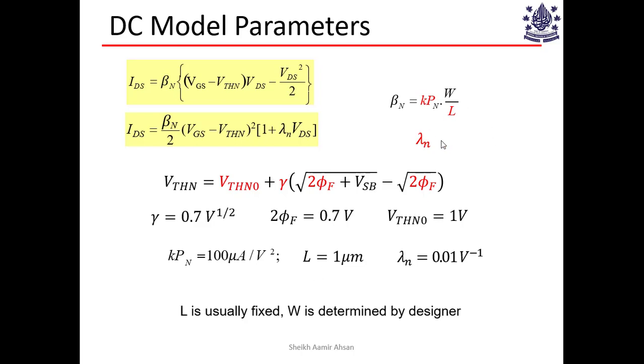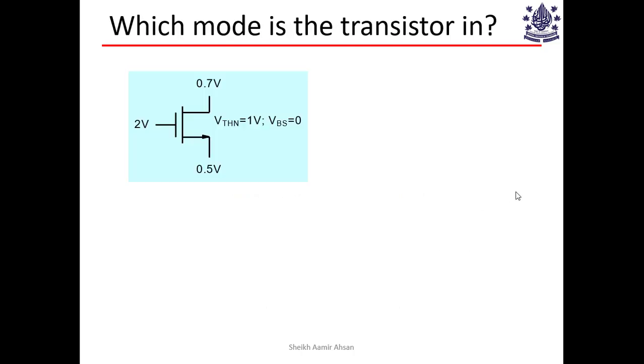As I mentioned earlier, L is usually fixed, whereas you can change W. You can change VSB, you can change VGS and VDS, but you cannot change these parameters that are shown in red.